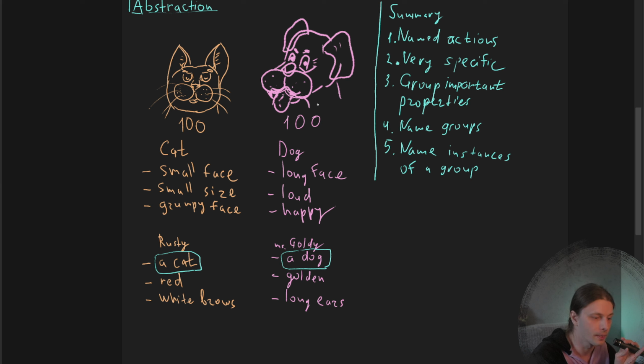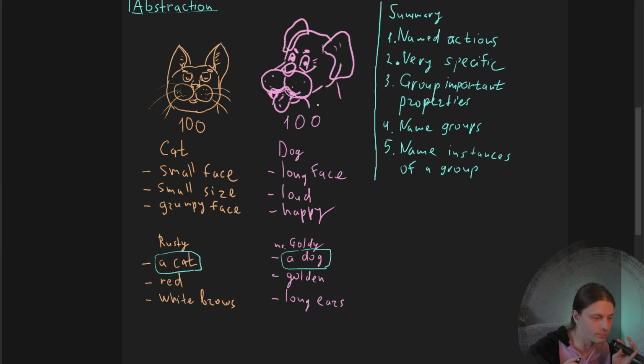So where can it be useful? Abstraction is a very important tool in the foundation of many analytical activities. For example, in programming, that is a huge part of success if you can deal with abstractions properly.